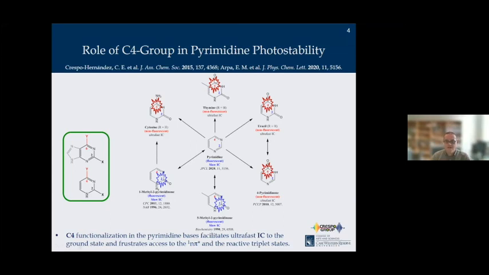So the functional group in position 2 plays a role in forming Watson-Crick base pairing. But in terms of photostability, in the prebiotic era, when there was no ozone layer, using these molecules as the building blocks, we think that substitution in position 4 was the key to maintain them and move on to polymers.